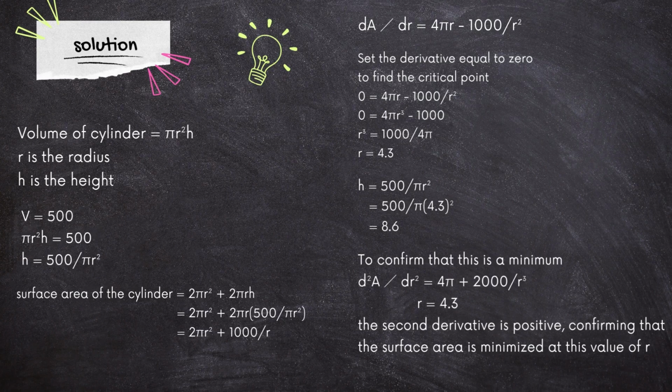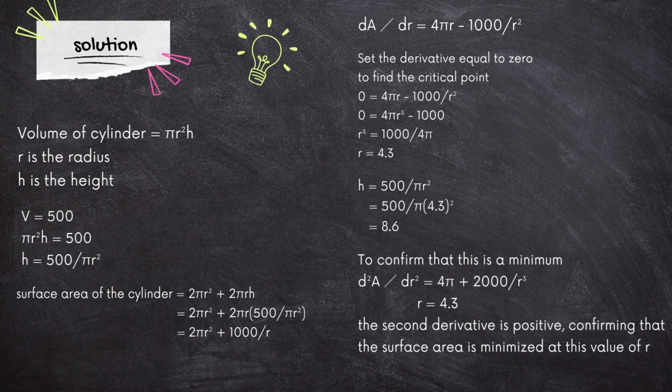For the solution, as we know, the volume of a cylinder is pi r squared h, where r is the radius and h is the height. We already know the volume is 500, so pi r squared h equals 500. Then we get h equals 500 over pi r squared.